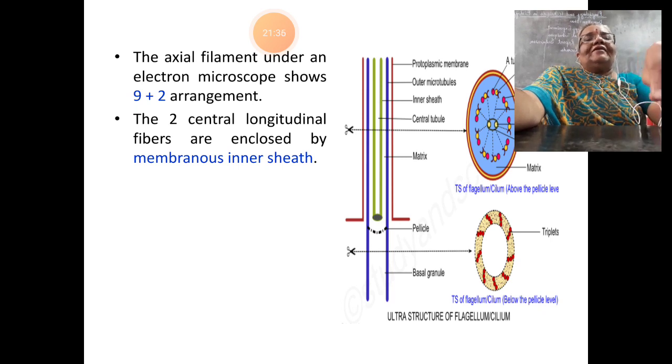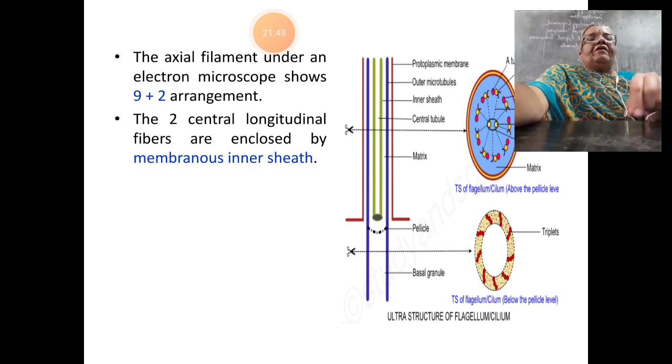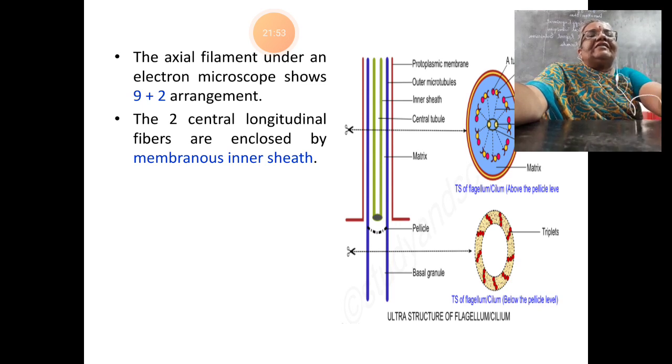The two central longitudinal fibers, okay, please note they are not attached, they are separate. Why? I will tell you in my next class. The two central longitudinal fibers are enclosed by a membranous inner sheath, the green one, what you can see in the first diagram, right?